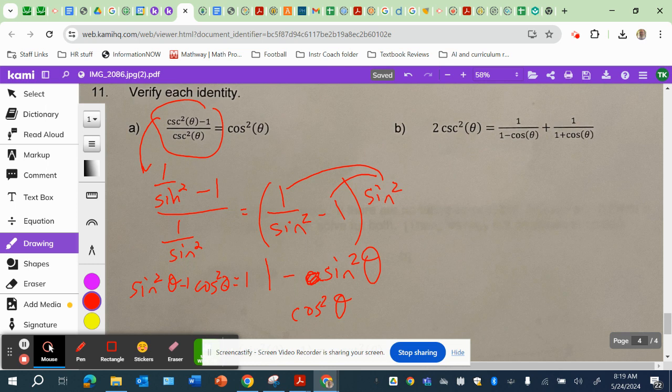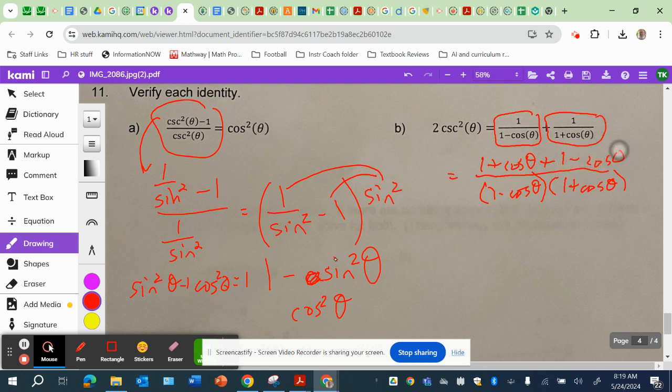The other thing that you do is if there are fractions, anything like that, you want to add them together. So on this one, I think I'm going to change the right side instead of the left side. So I'm going to add those fractions. So I need a 1 minus cosine theta and a 1 plus cosine theta. So when I convert this fraction, I'm taking 1 plus cosine theta times 1, which is just 1 plus cosine theta, plus this one, I'm taking 1 minus cosine theta.